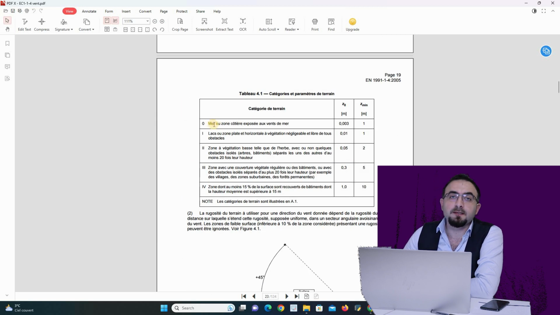So we have whether the building is close to the sea, close to a water pool, in an agricultural zone, or in a city zone. Here we have the zone with 15%, where there is a building higher than 15 meters.